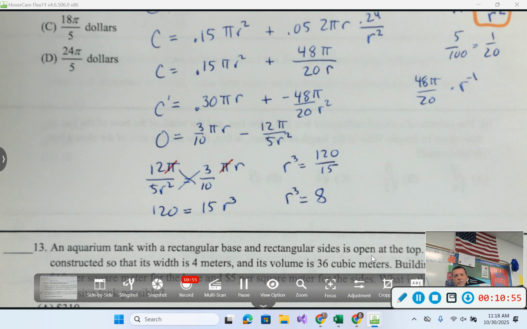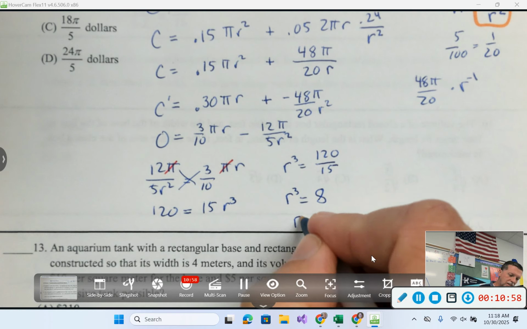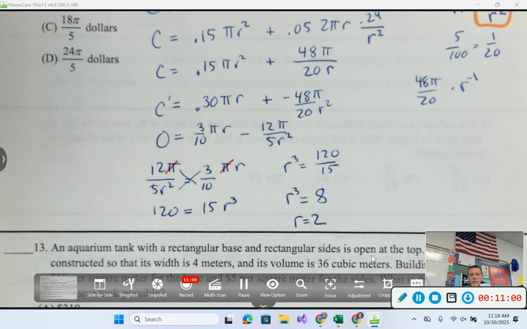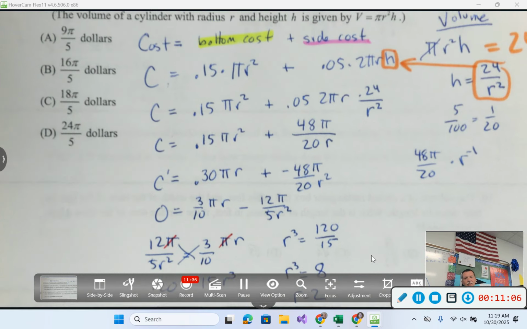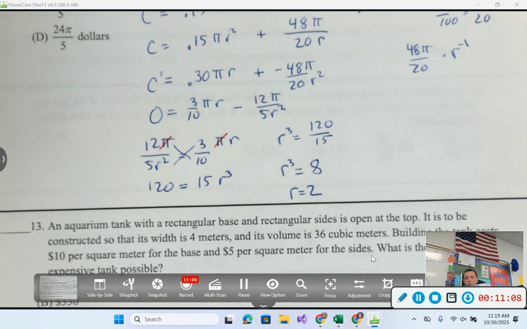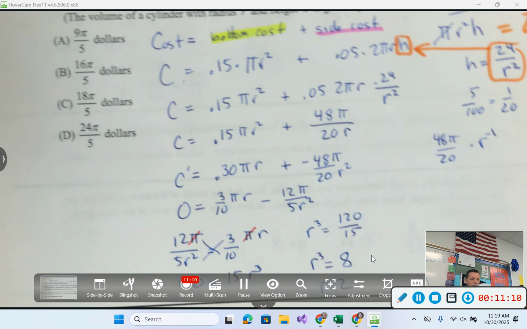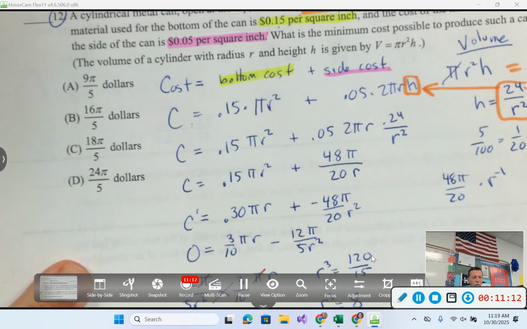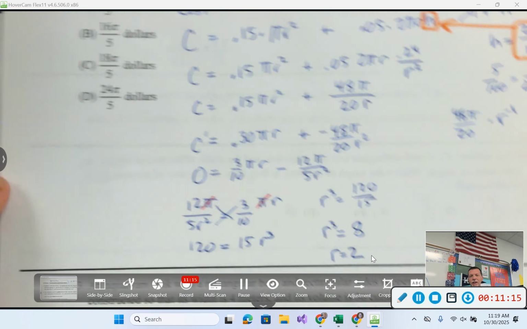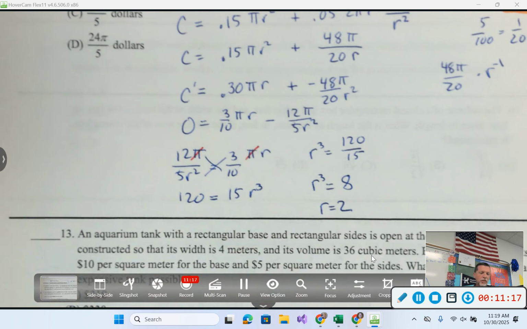Wow, rigged problem for our benefit. So r equals 2. Again, now the long discussion about, are you sure that's a minimum? Well, there's only one choice over here. There's nothing that says there's not a minimum. So I'm probably just going to roll with that.